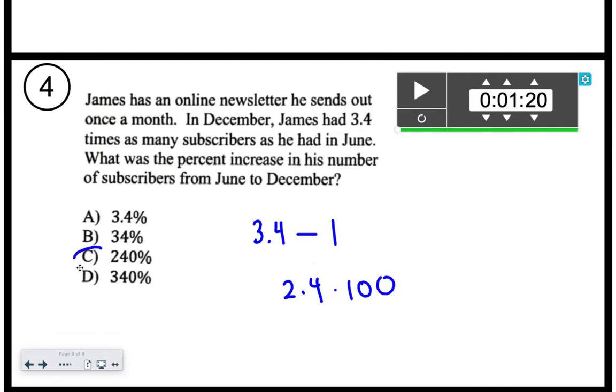So that gives us 240%. It's really important that we understand that after the percent increase has been done and it's in decimal form, that one is included in there, so we have to take it away. So with 3.4, while a lot of people might put 340%, multiplying by 3.4 is actually a 240% increase.